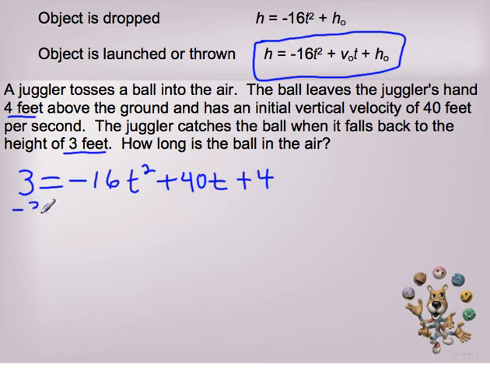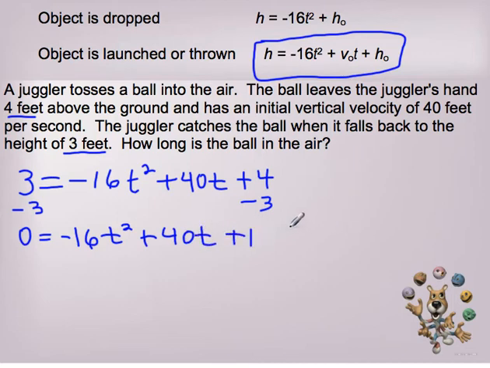I'm going to subtract 3 from both sides. So I've got 0 equals negative 16 t squared plus 40t plus 1. Okay? Now I'm just going to go ahead and use the quadratic formula to solve. I've got a is negative 16, b is 40, and c is 1.